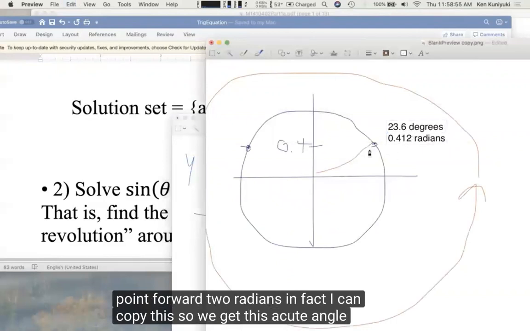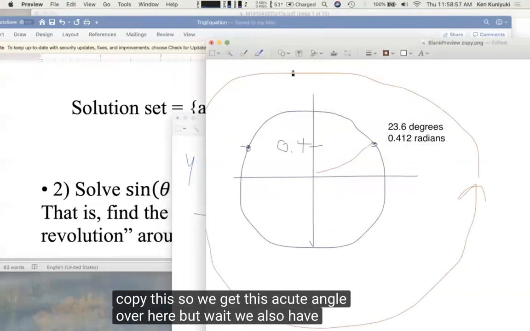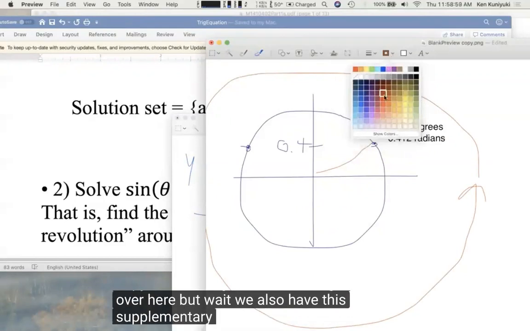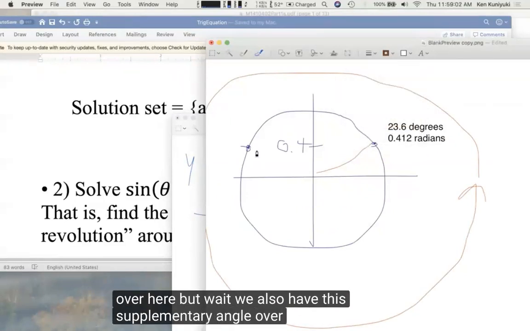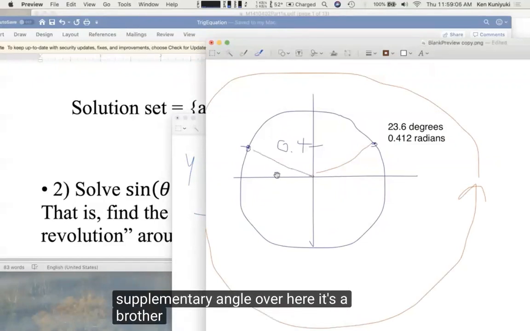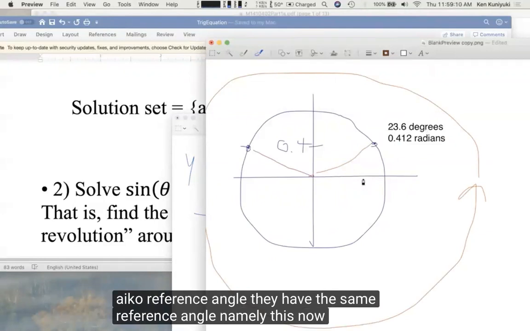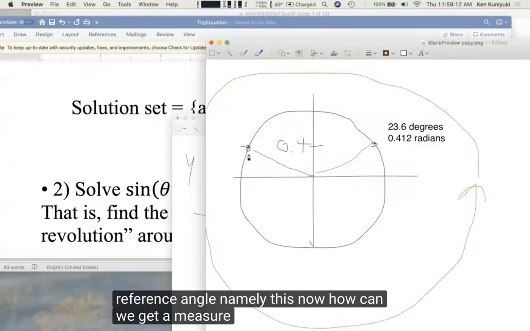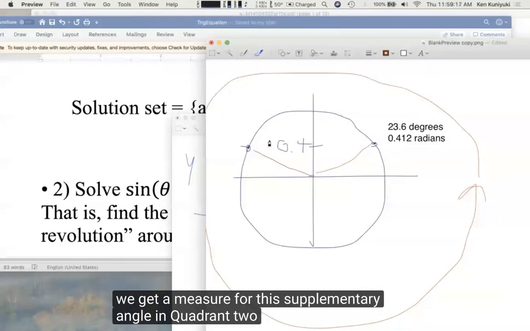So we get this acute angle over here, but wait, we also have this supplementary angle over here. It's a brother, a coreference angle. They have the same reference angle, namely this. Now, how can we get a measure for this supplementary angle in quadrant 2?